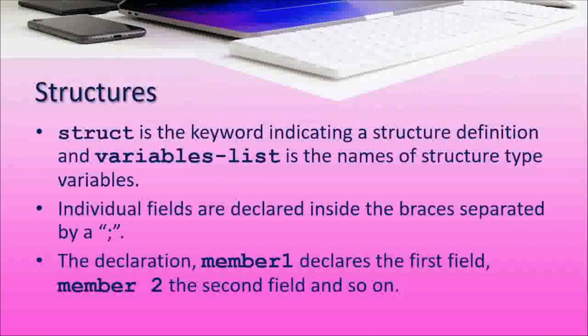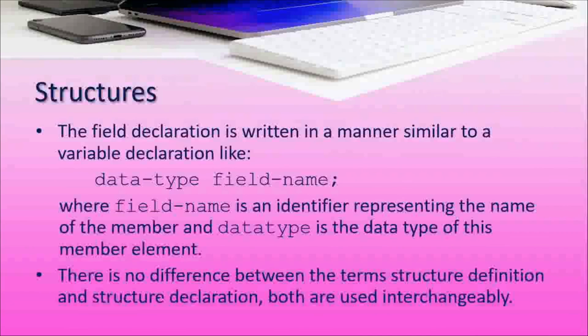Then individual fields are declared inside the braces separated by a semicolon. Individual fields are the members. So member 1 declares the first field and member 2 the second field and so on. That way we can declare different members or different fields within a single structure. The field declaration is written in a manner similar to the variable declaration, that is, data type followed by field name.